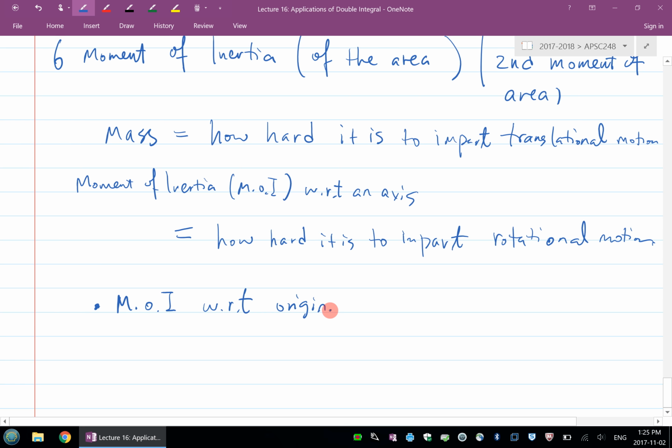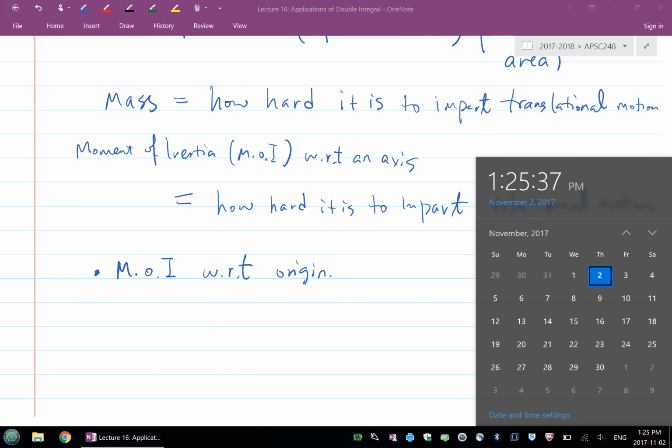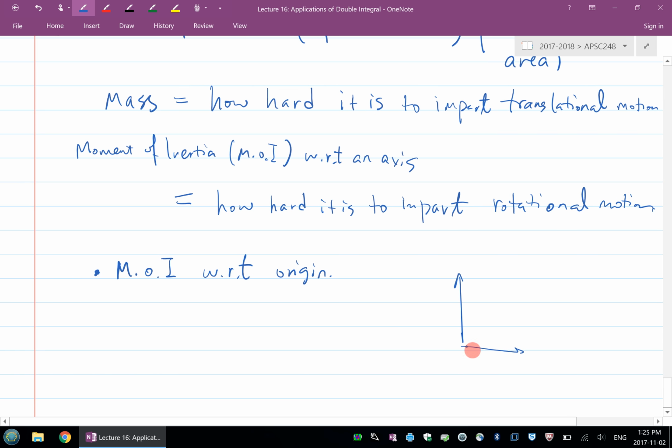As I said, moment of inertia is always about a certain axis, right? So now I'm talking about the moment of inertia with respect to the origin. If I draw an object here, I'm talking about the moment of inertia of this object with respect to an axis passing through the origin.